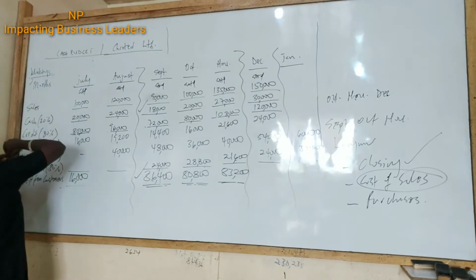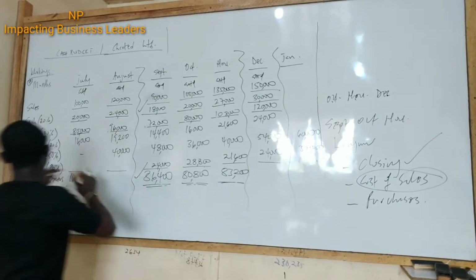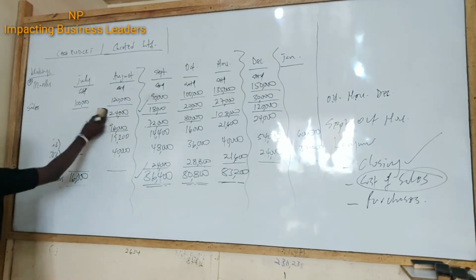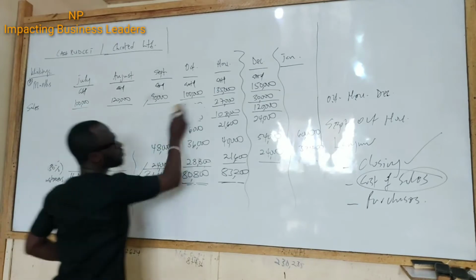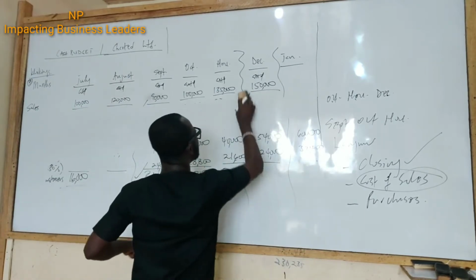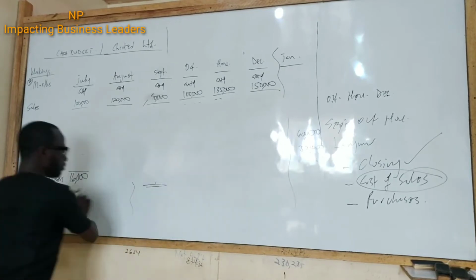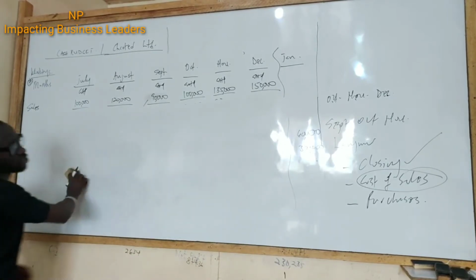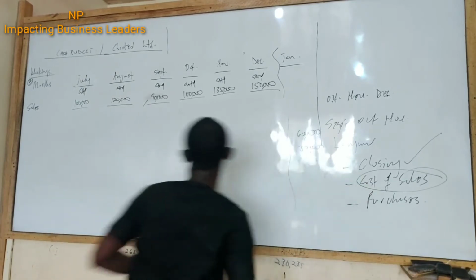Okay, so let me clean this up above here and name that workings 2. Let me clean all these lines up and maintain the sales there. So first is to calculate cost of sales.